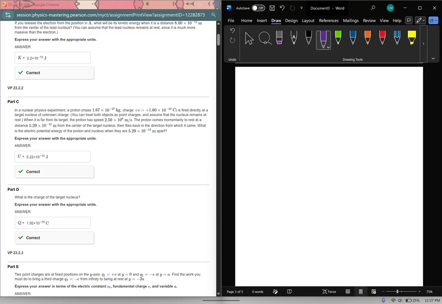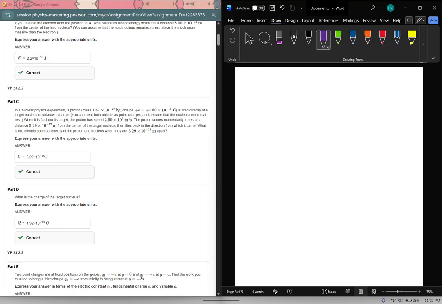When it is fired from far away, the proton has speed 2.50 times 10 to the power of 6 meters per second.